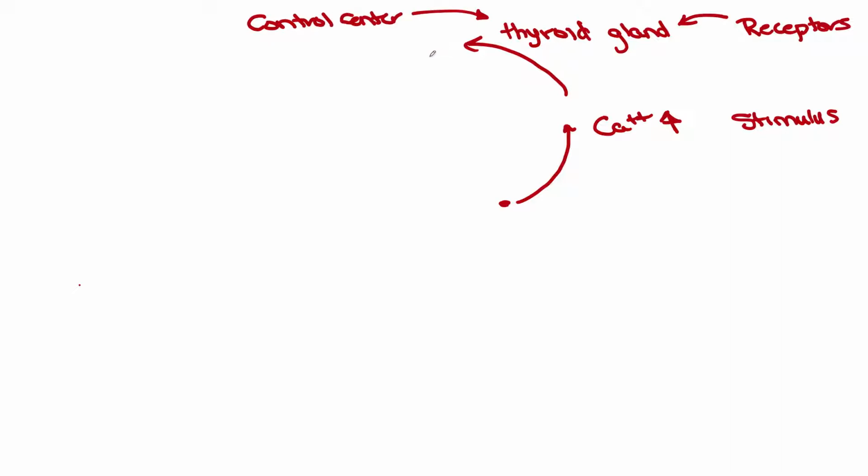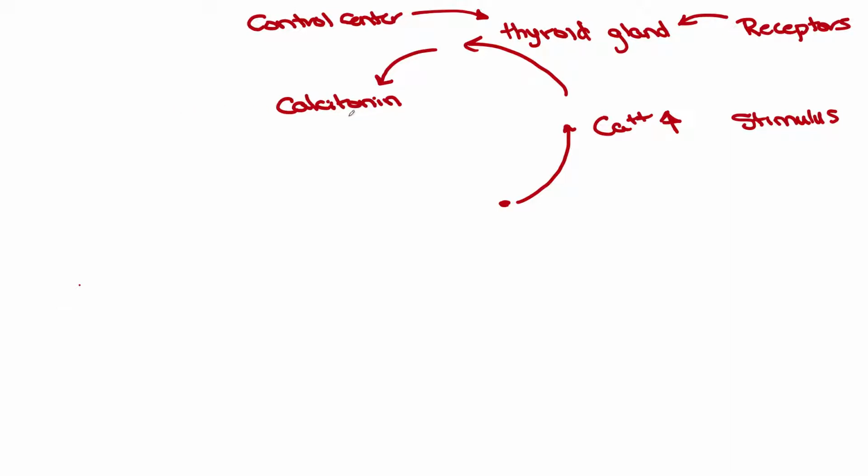The thyroid gland is going to make a decision to bring calcium back down, and it's going to produce a hormone called calcitonin. I always remember calcitonin because it kind of sounds like calcium. So if you have so much calcium that it's overflowing, it overflows into the name of this hormone. Now remember, the calcitonin is not the effector.